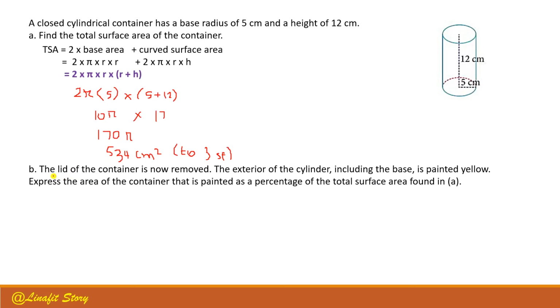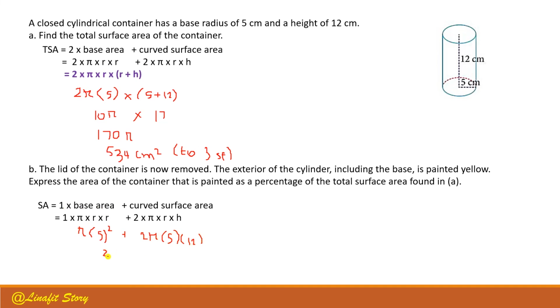Question B. The lid of the container is now removed. The exterior of the cylinder, including the base, is painted yellow. Express the area of the container that is painted as a percentage of the total surface area found in A. So the surface area is 1 times base area plus curved surface area, which is equal to pi times 5 squared plus 2 times pi times 5 times 12.